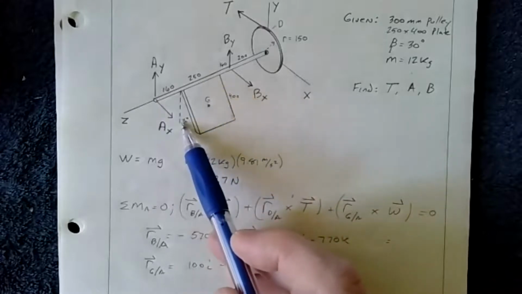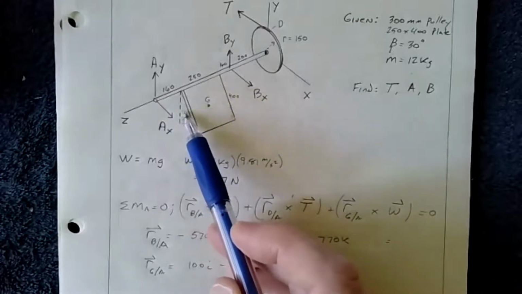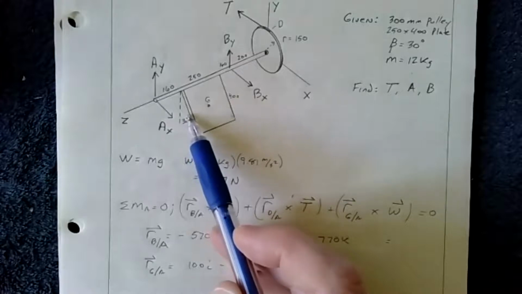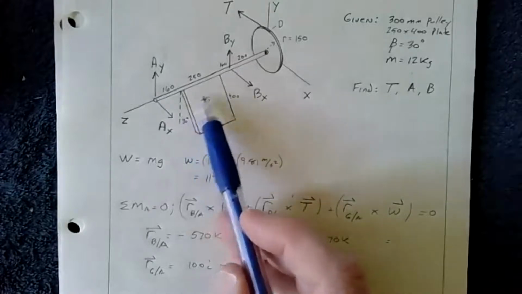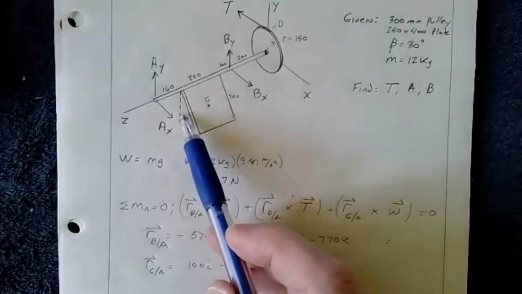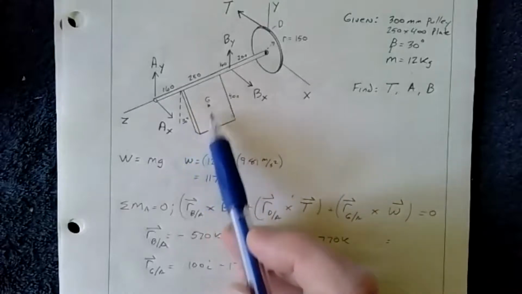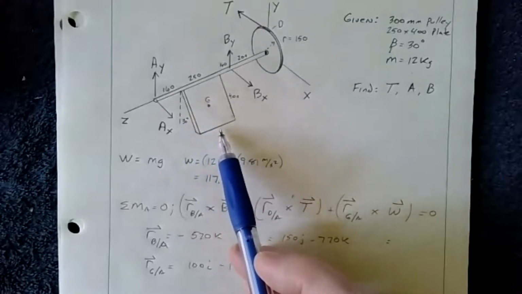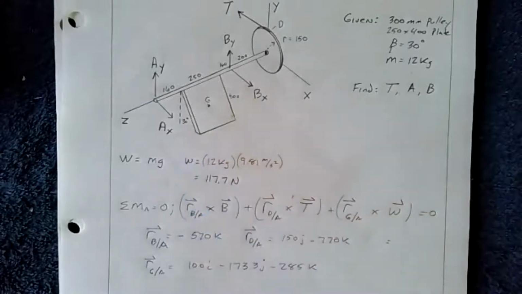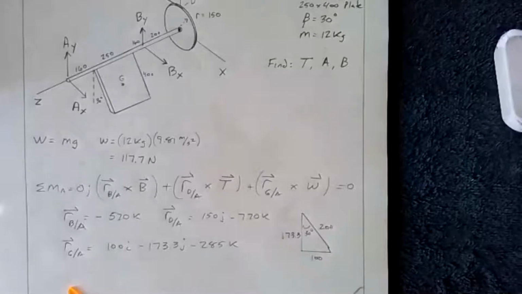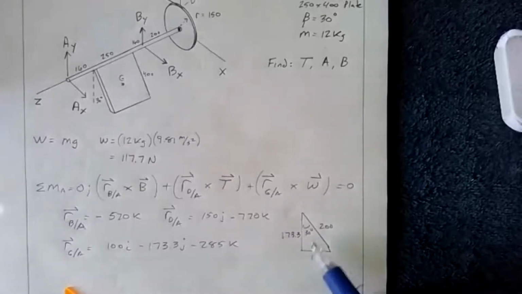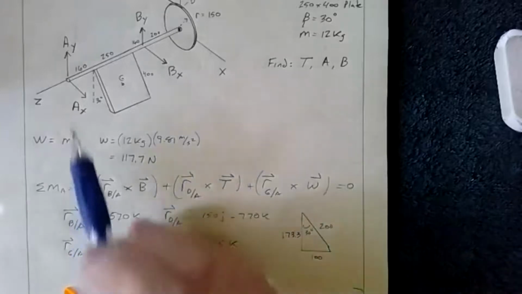This is 30 degrees. So we know that it sticks out halfway. So the distance in this direction, if we look at 200, this comes from this triangle here. Now the plate itself is 400 millimeters long.